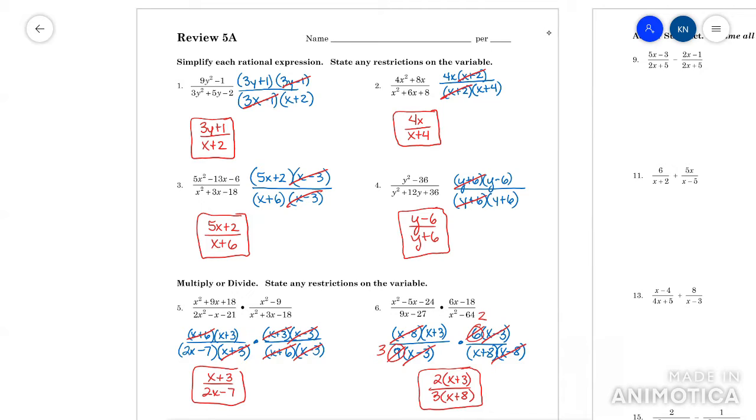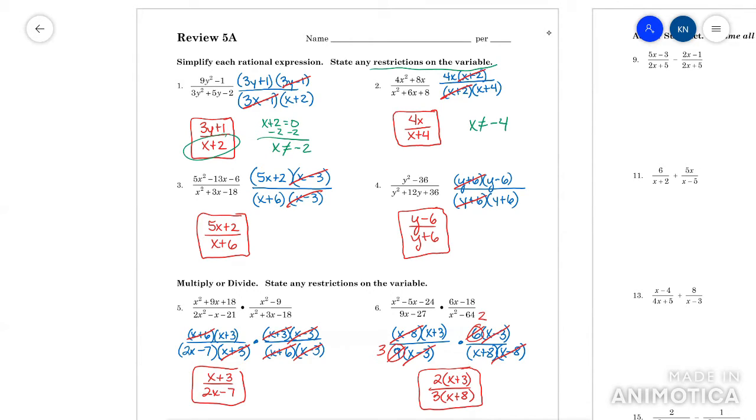So basically, to find these restrictions on the variable, you just want to take the denominator, set it equal to 0, and solve. And this is actually what x cannot equal. That would be the restriction. So like this one, x could not be -4.